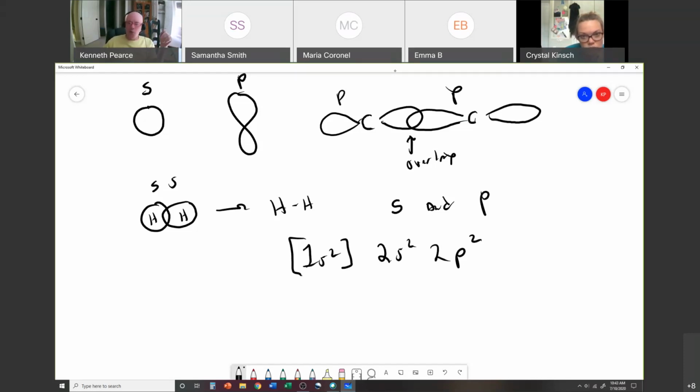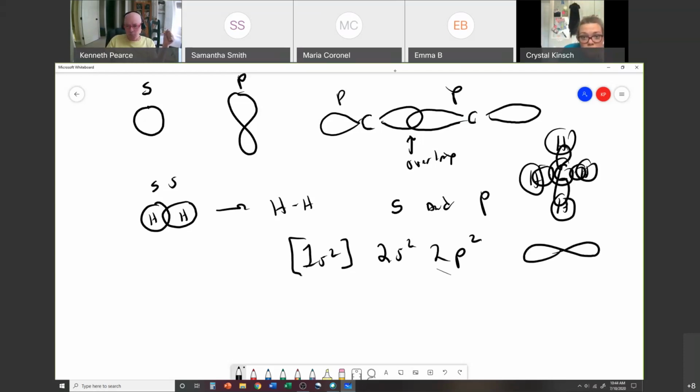And if you were to do that, say we had CH4, in a very crude way you'd expect the s's to overlap like that, and you'd expect the p's and the s's to overlap like this.